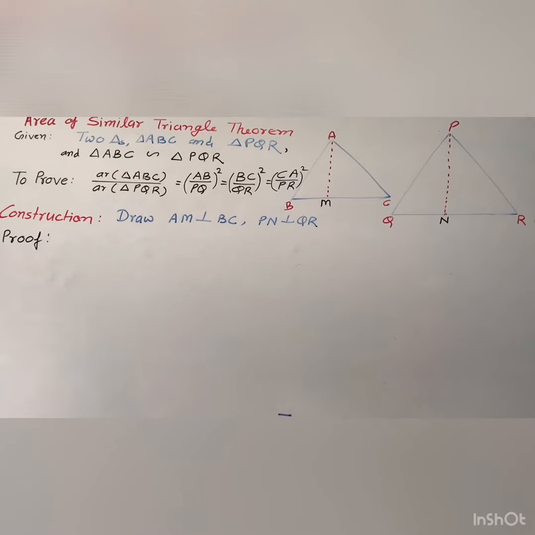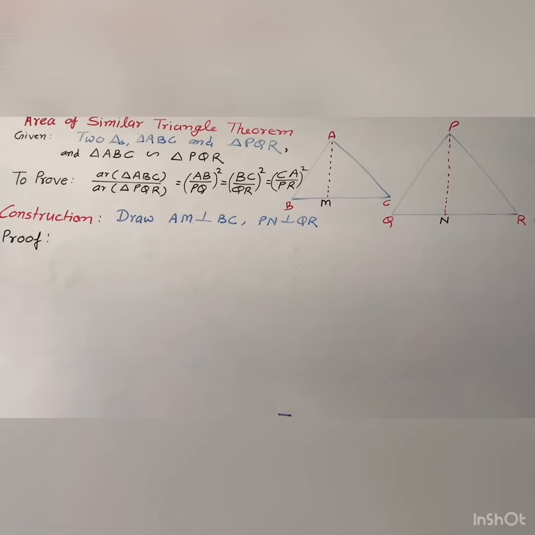Means two triangles are given. So we will take triangle ABC and triangle PQR. You can take other triangles also. And these two triangles are similar according to the statement.